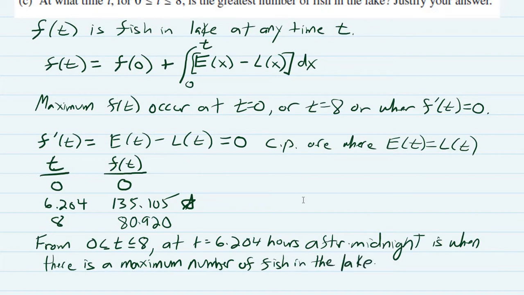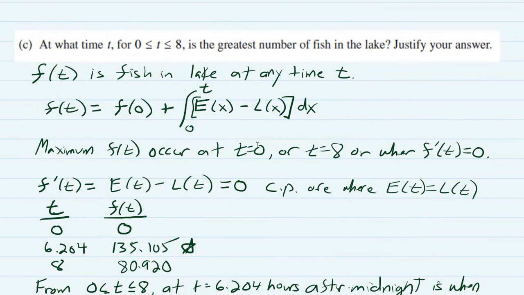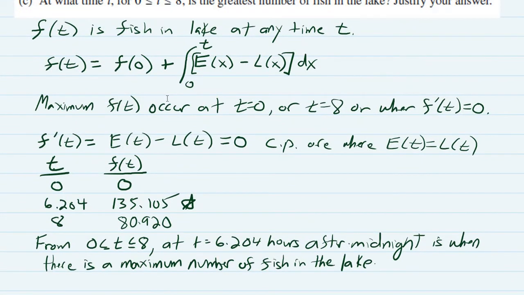Now the problem originally asked us here, part C, at what time is the greatest number of fish in the lake? And so we're only giving the time here as our answer. I'm not going to say that the maximum number of fish is 135.105 because I don't know how many fish were in the lake at midnight. Presumably there are fish in the lake at any given time, and I do not know what the initial condition was at midnight.